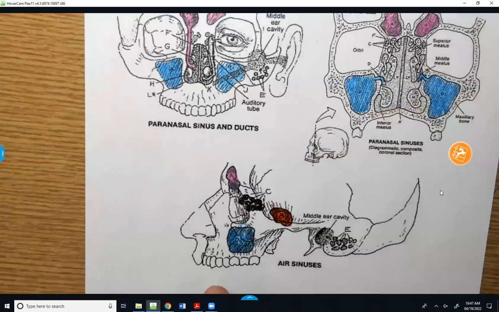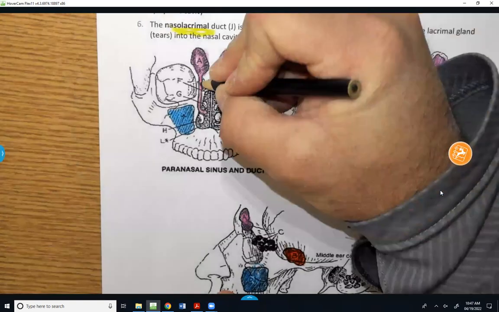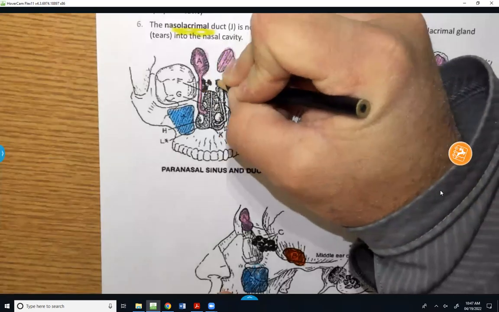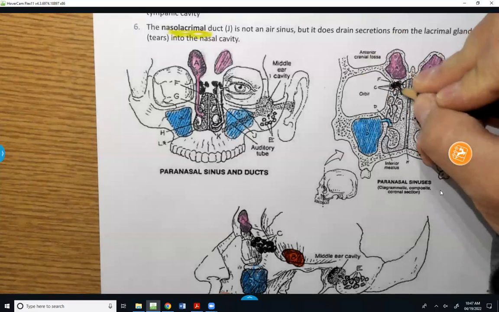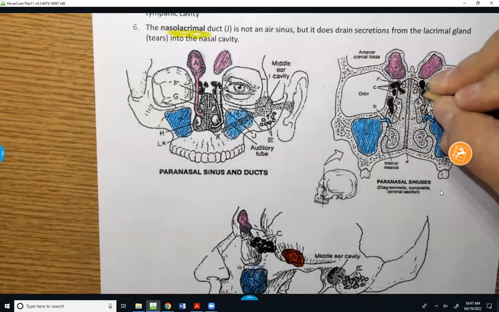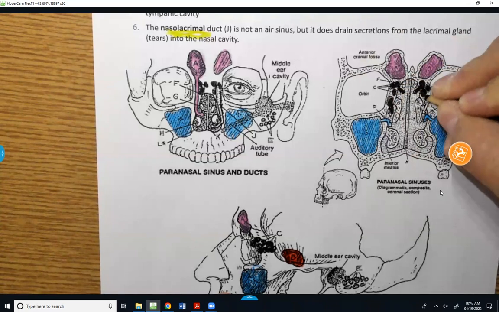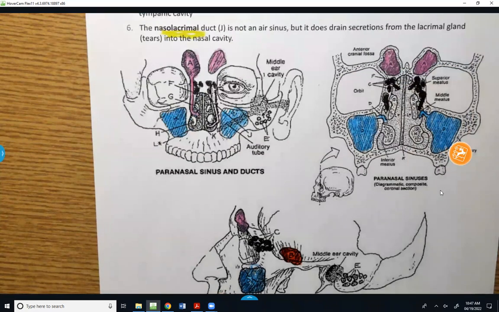You can see them very nicely here in the lateral view. You can also see them in the other two views as well. Pretty centered right between your eyes.